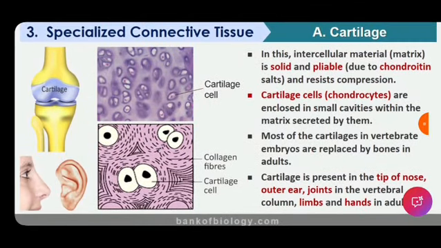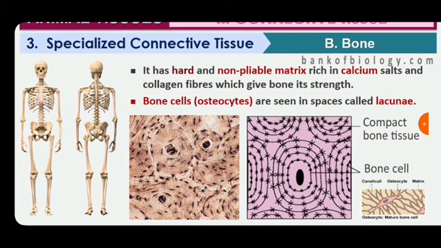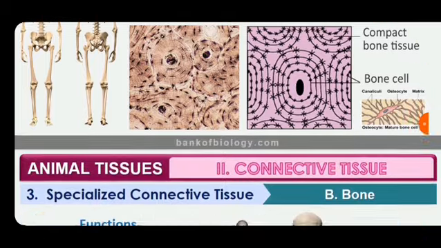The cartilage is present in the tip of the nose, outer ears, joints, intervertebral column, limbs, and hands of the adult. This diagram internally shows the structure of a bone, which is made up of osteocytes, and the space present is called the lacuna.